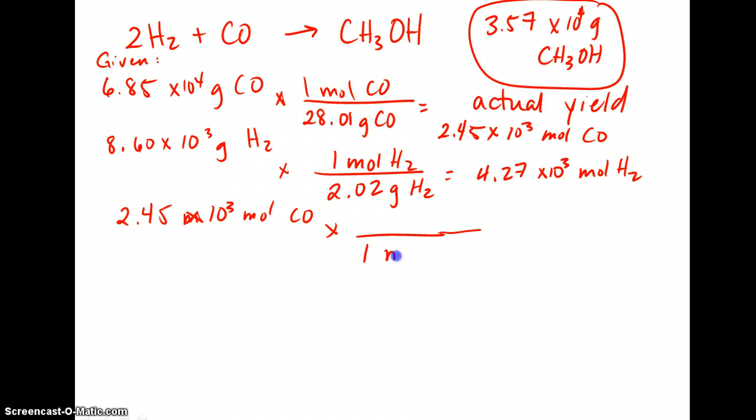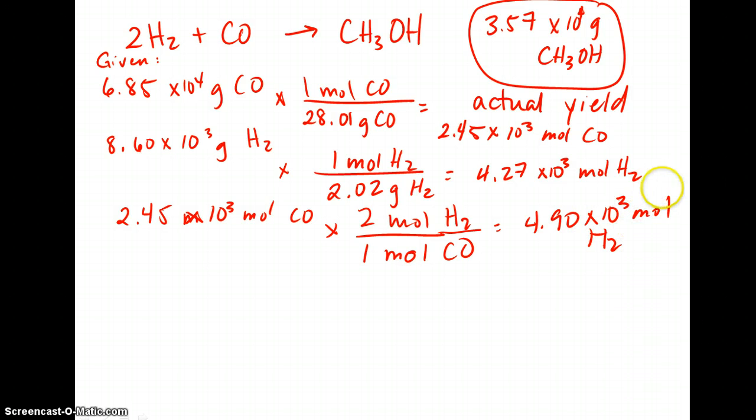For every 1 mole of CO, I need 2 moles of hydrogen, which works out to be 4.90 times 10 to the third moles of hydrogen. Do I have that quantity? I look up here and no, I do not have enough. So for that reason, this here is my limiting reactant.